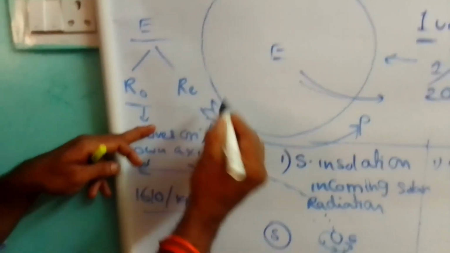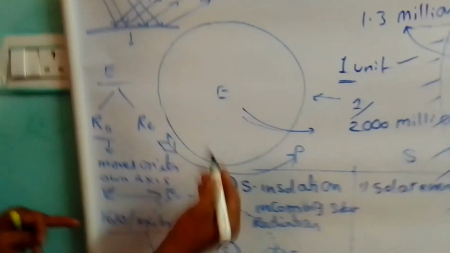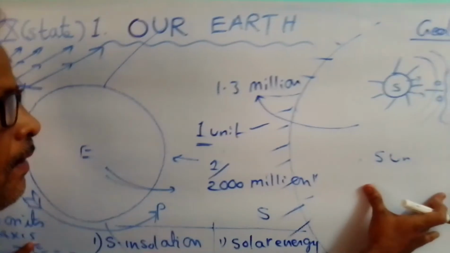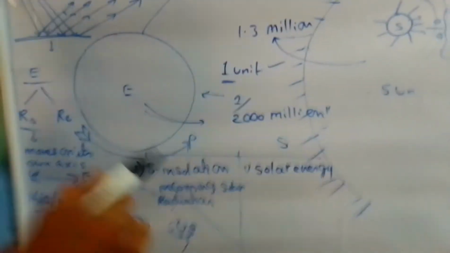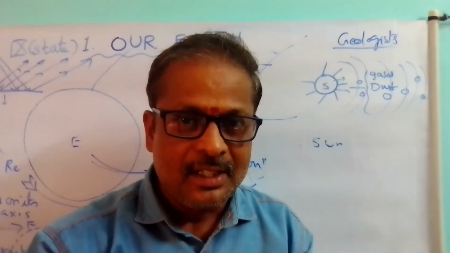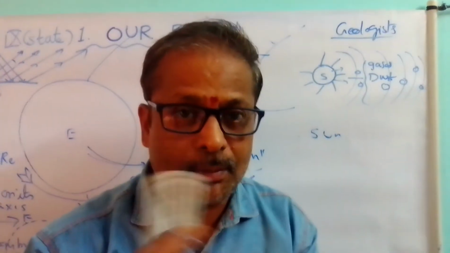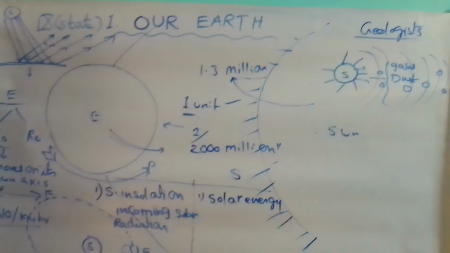It means the earth is rotating itself on its own path. Whereas revolution means, this is the orbit path. Suppose this is the sun, and the earth is moving around the sun along with its rotation. The second movement, revolution, continues along with its rotation.